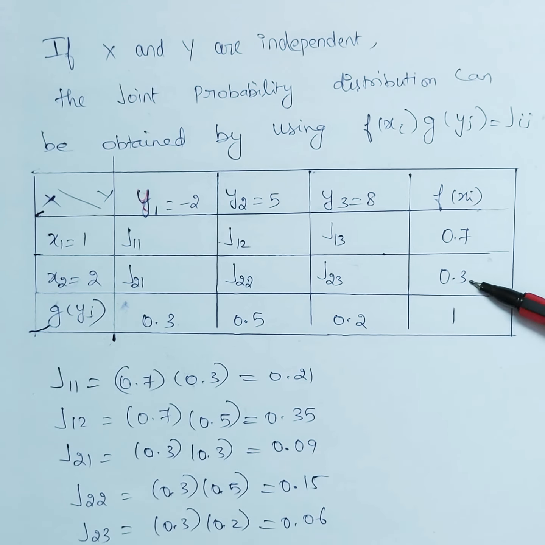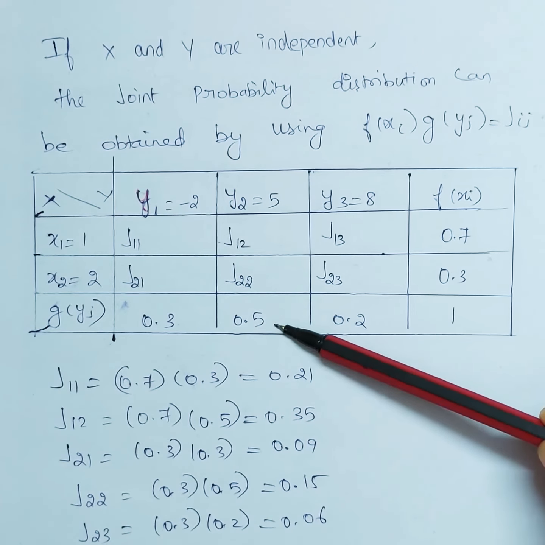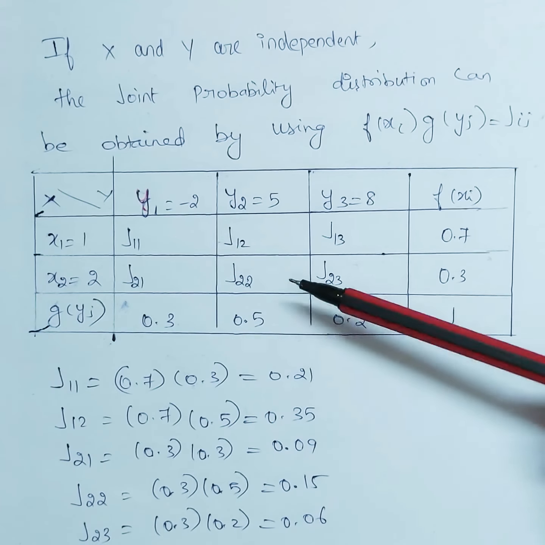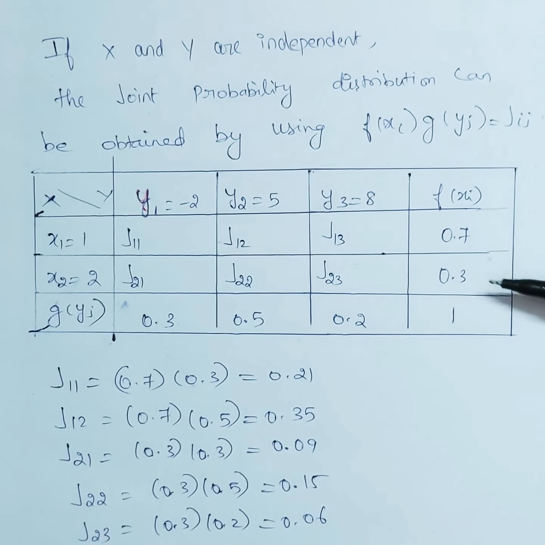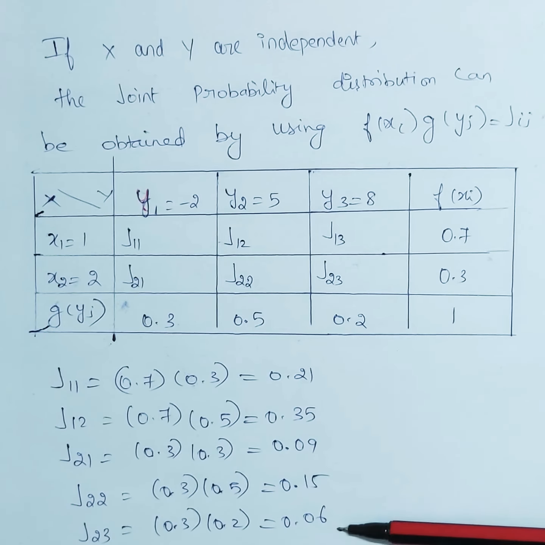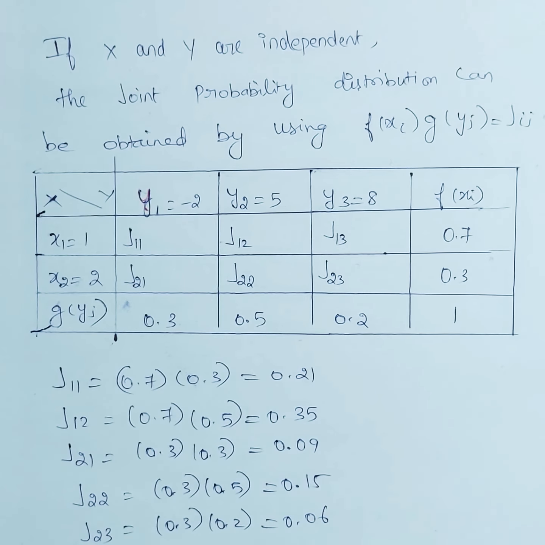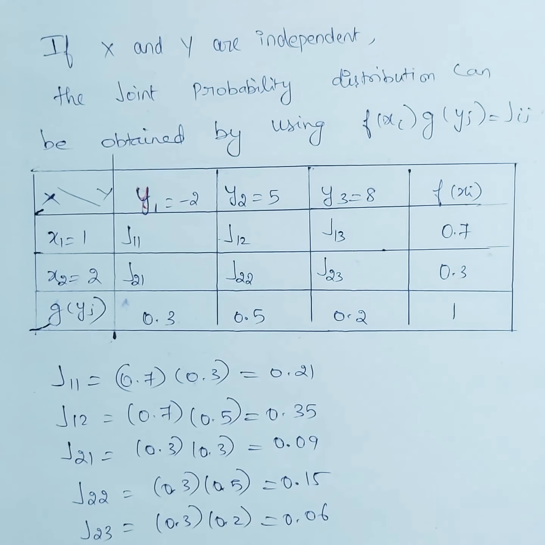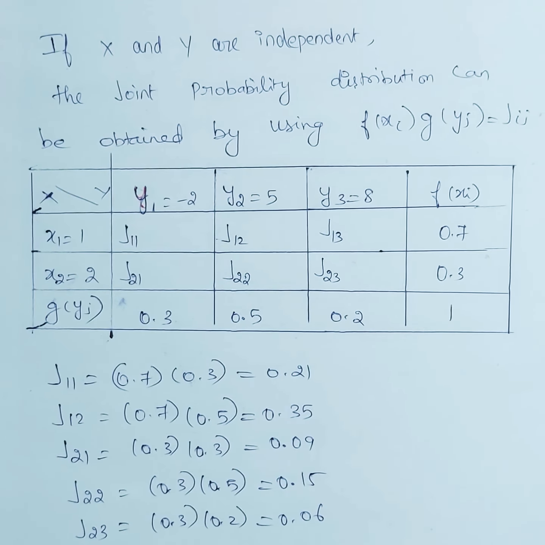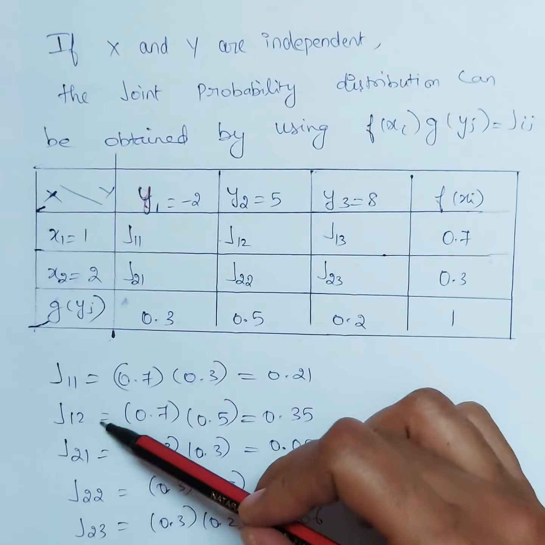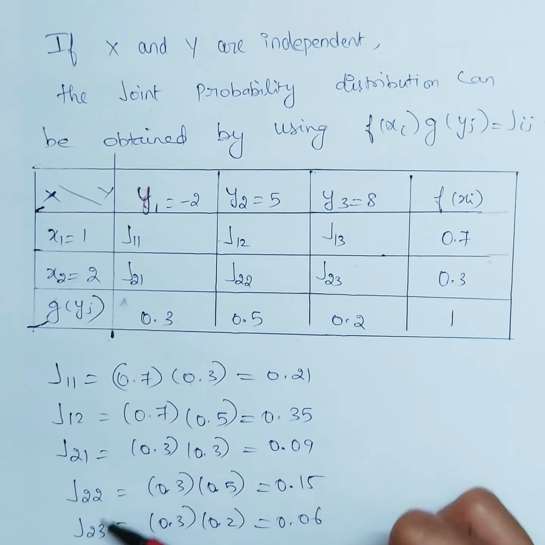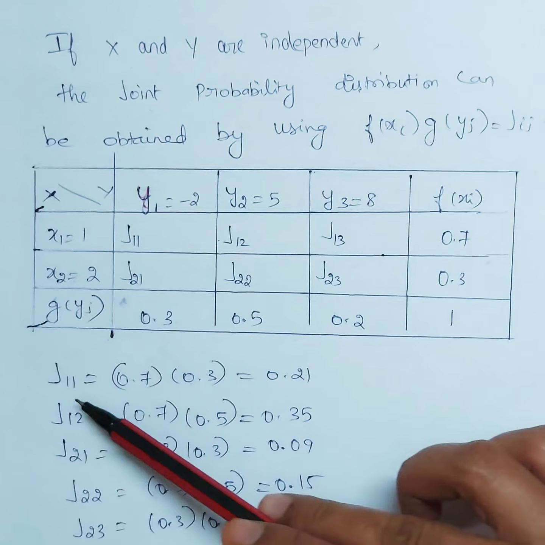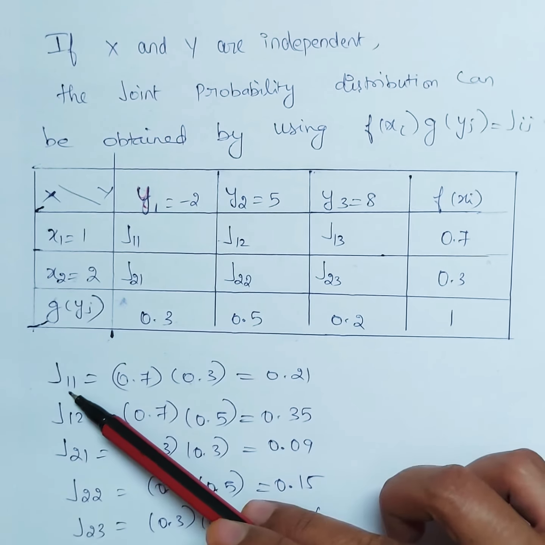The next value is 0.3 into 0.5, J22. The next one is 0.3 into 0.2, this value. We are just using the formula f of xi g of yj is equal to Jij. I repeat how you got J11. You write J11, J12, J21, J22 and J23. Okay. So here the first value is the same, J11.